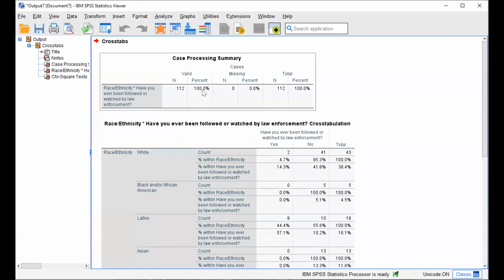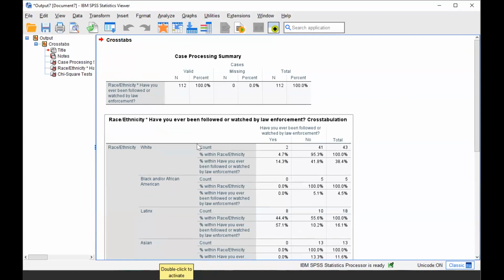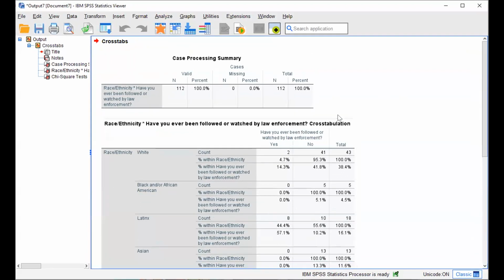In the case processing summary, we see that there are 112 cases. Next, this is the chi-square test here. So as you can see, we have race on the side here. And then we have, you ever been followed or watched by law enforcement?